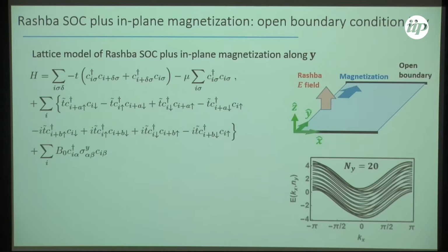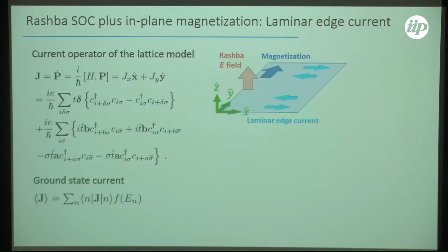And once again, the asymmetry between positive kx and negative kx is pretty evident. Now the interesting thing is we go ahead and calculate the local current that is coming out of this open boundary geometry, and we found that the current is actually not 0. Well, the total current is 0, but locally it is not. So you can build a current operator out of this lattice model, and then you just take the expectation value in your energy eigenstates, times the Fermi function.